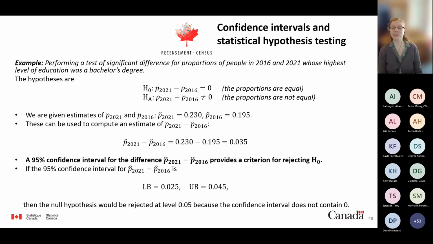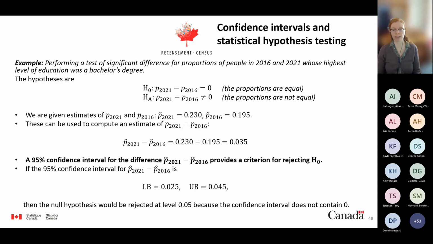Okay, so finally, we'll see how we could use this method to check if the difference between two estimates is statistically significant. And for this, we'll come back to the example where we're interested in comparing the proportions of people in 2016 and in 2021 whose highest level of education was a bachelor's degree. So specifically, we want to test the null hypothesis that these two proportions are equal against the alternative hypothesis that they're not equal.